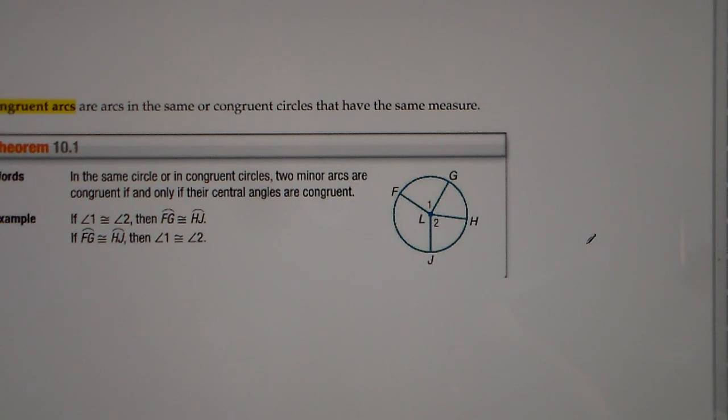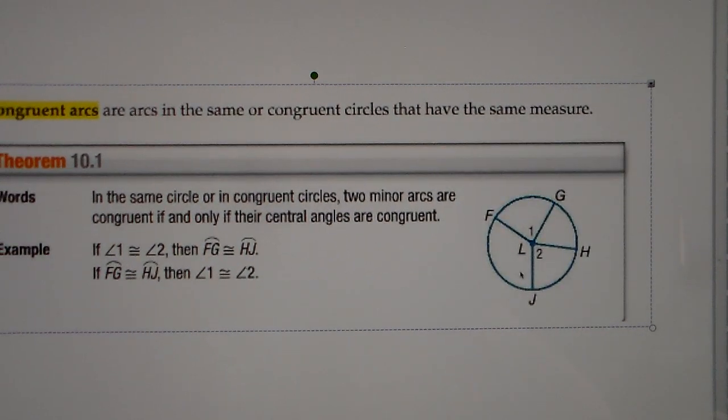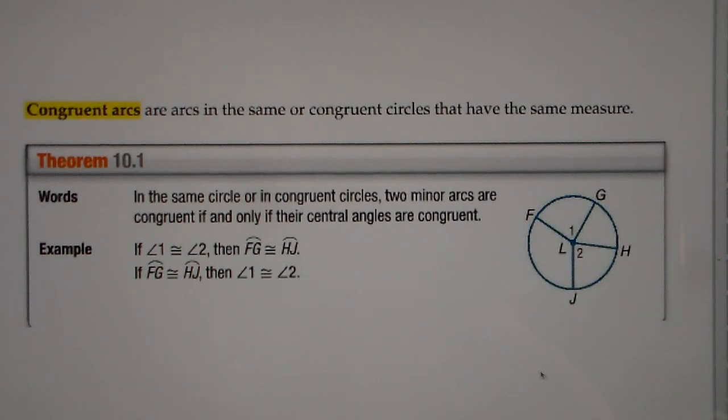Okay. Now, congruent arcs. So now a little bit more vocab here. Congruent arcs are arcs in the same or congruent circle that have the same measure. So in this case, they're saying that angle 1 and angle 2, those two arcs are the same measure.